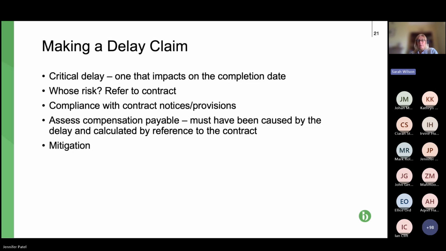There's also compliance with the contracts, the notices that we've looked at, and the provisions generally, and then assessing how much is due, and also assessing the amount of the delay. And then finally, the general obligation, which doesn't have to be in the contract, on the contractor to mitigate the delay if possible. So next slide, please, Jen.